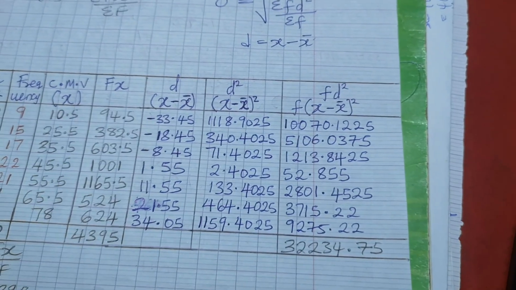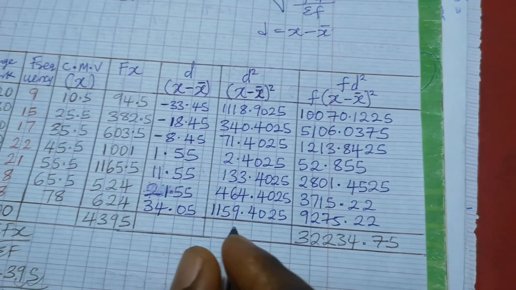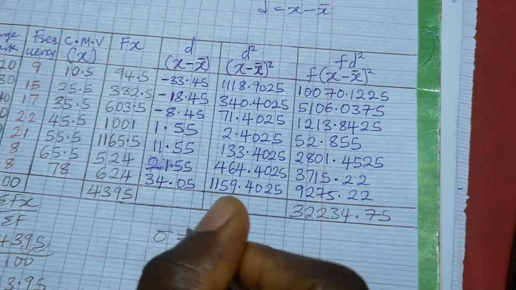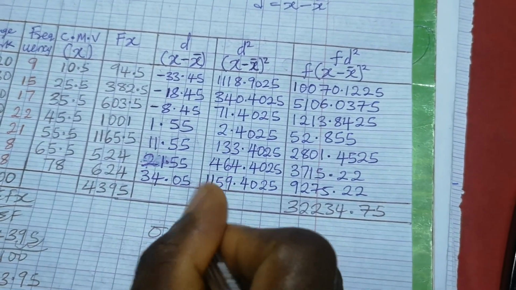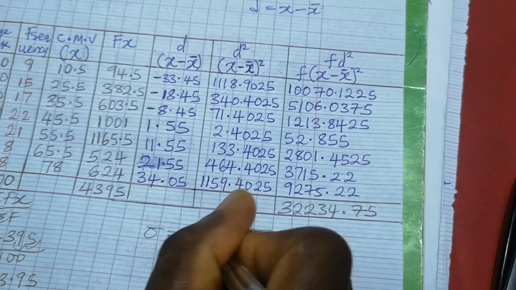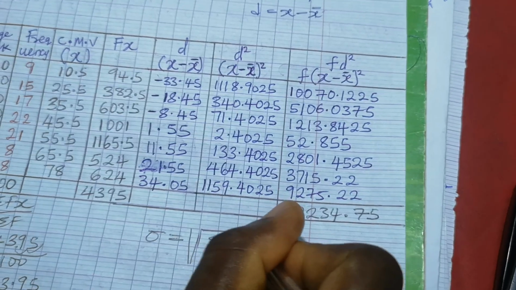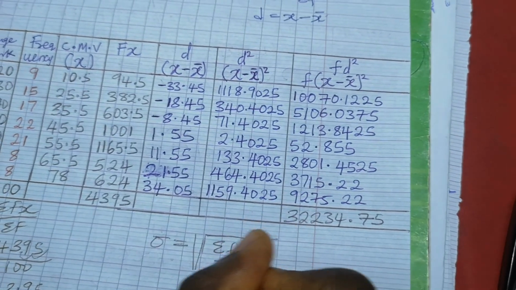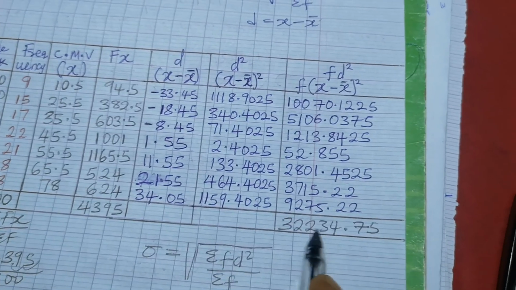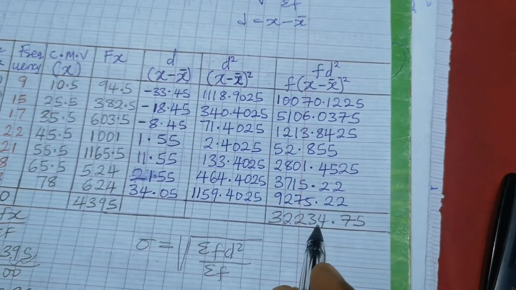Now remember that our standard deviation is the square root of sigma fd squared all over sigma f, and sigma fd squared is what we have here.